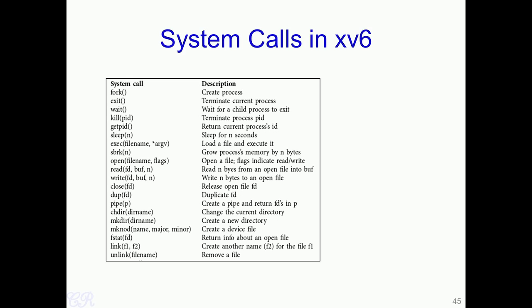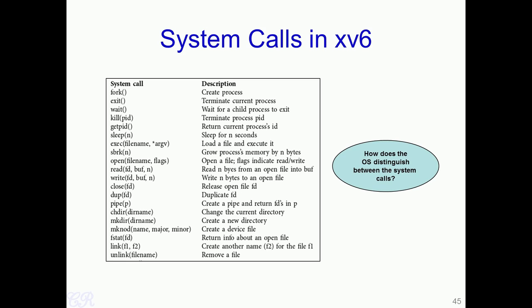Now, the next obvious question one would ask is, from the OS perspective, how does the OS distinguish between the various system calls? We mentioned that all these system calls will use either INT 64 for xv6 or INT 128 for Linux.